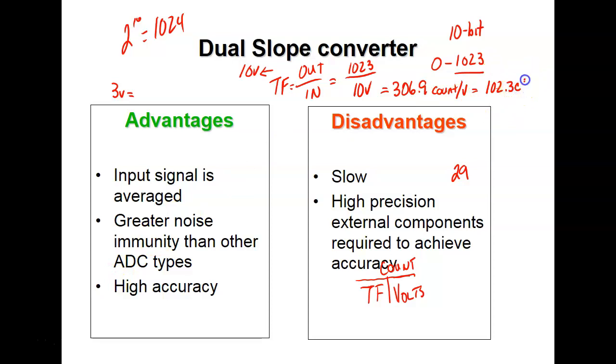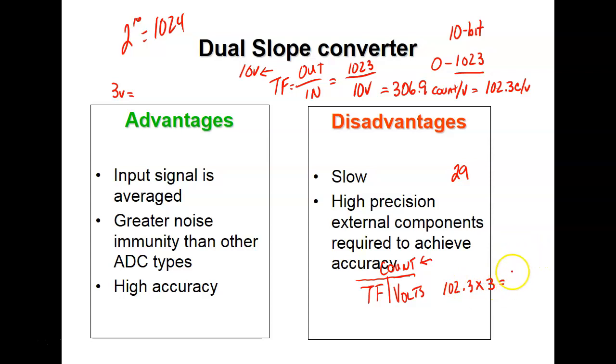And this would be counts per volt, right? So we're trying to solve for count. So what's it going to be? It's going to be the transfer function, 102.3 times the volts, which would be what? 3.